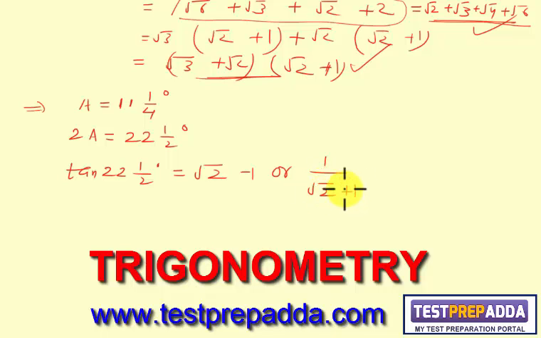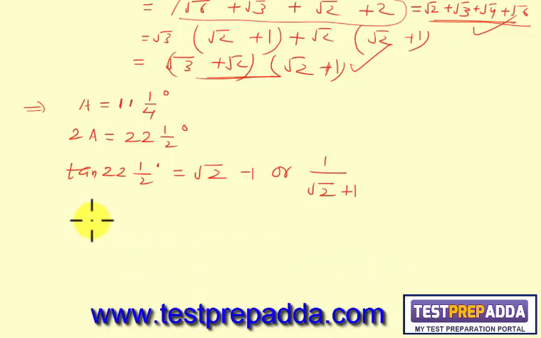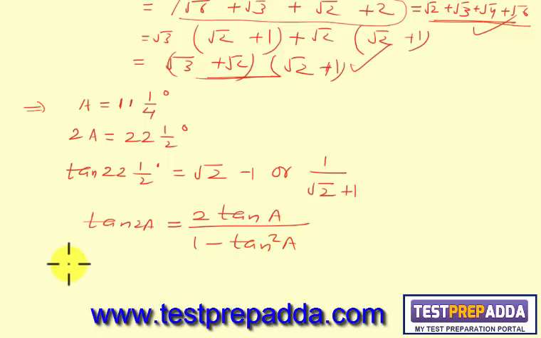Got it? Now, tan 2A is what we have derived in the session of multiple angles: 2 tan A upon 1 minus tan square A. Here it will be 1 upon root 2 plus 1, and if I assume this tan A as x, it becomes 2x upon 1 minus x square.